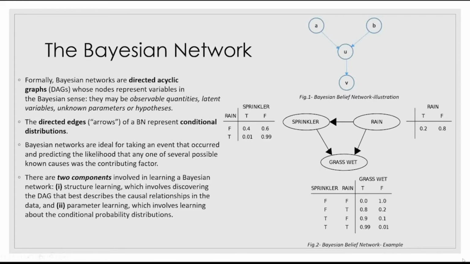Now, that is the Bayesian network. It has two major components. The first is structure learning, which involves discovering which directed acyclic graph best describes the causal relationships in data. And number two is parameter learning, which involves learning the conditional probability distributions. Let's move on.